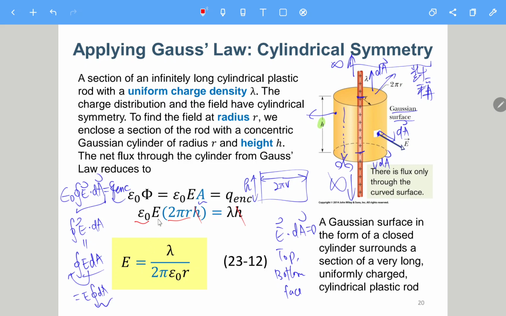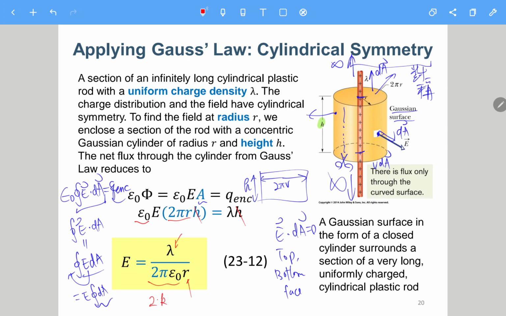Finally we have E equals lambda over 2 pi epsilon naught R. So this is the expression for the E field generated by an infinitely long rod, which is related to the linear charge density and also the distance from it. This is like 2 times k, where k is 1 over 4 pi epsilon naught. So it is only related to these two variables.